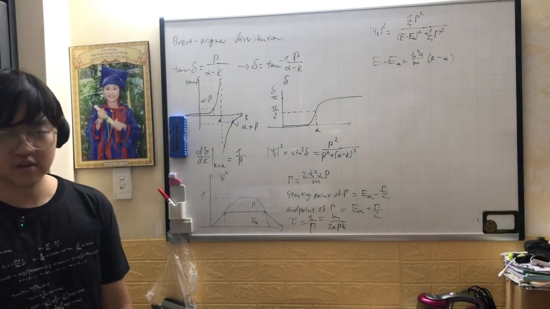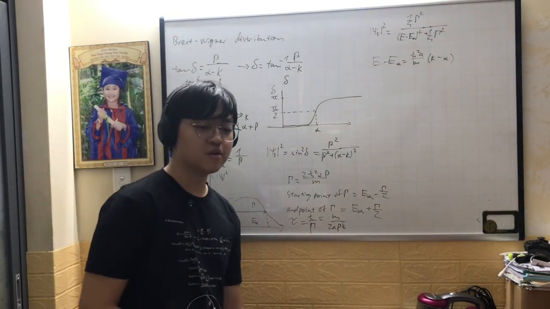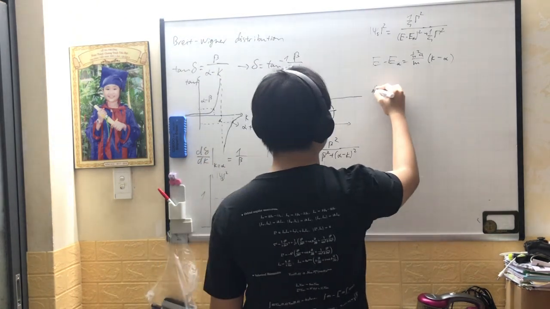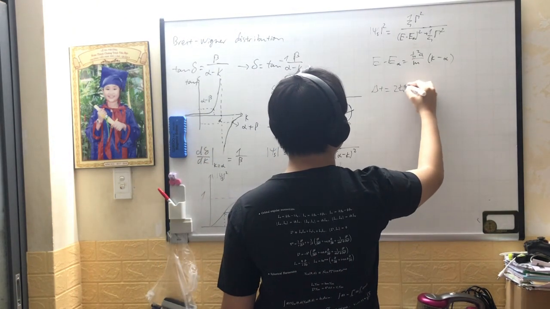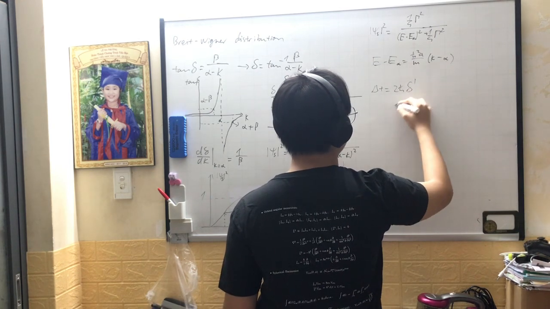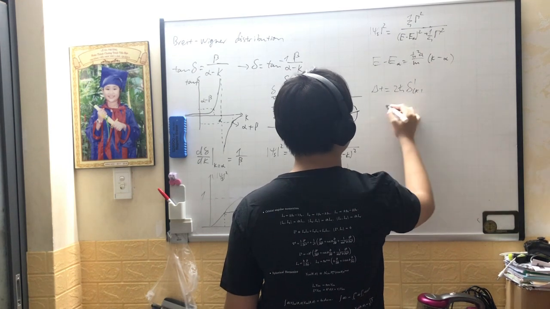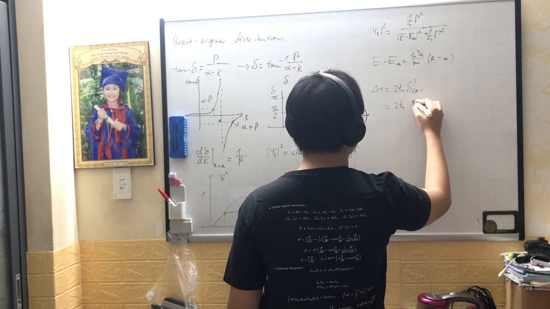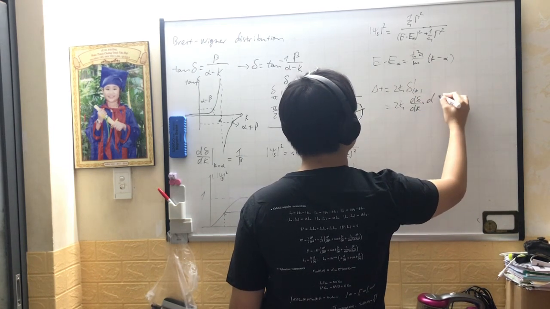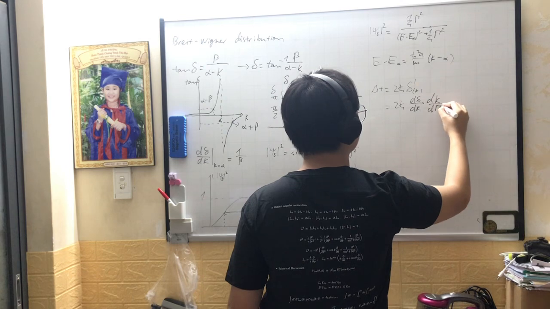Now one more thing you can do is compare it with your time delay. So your time delay, as you remember, is 2 h bar times delta prime, delta k prime. So we can split this into d delta dk, dk dE.